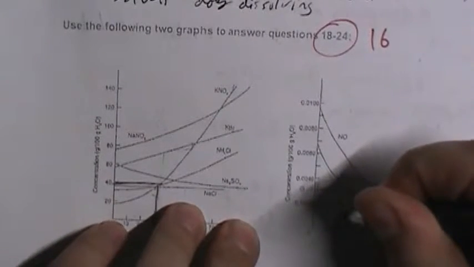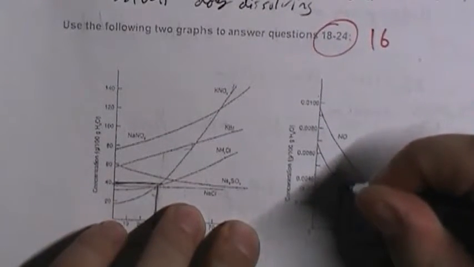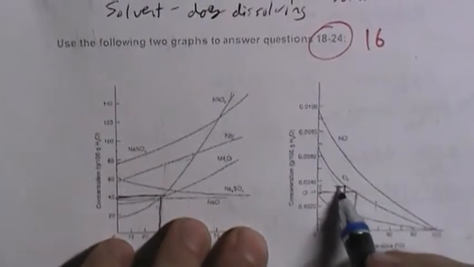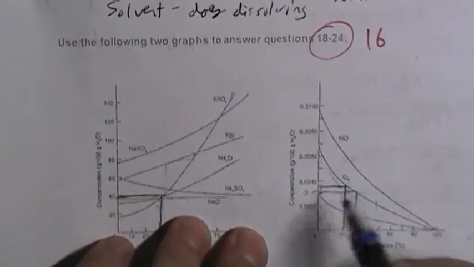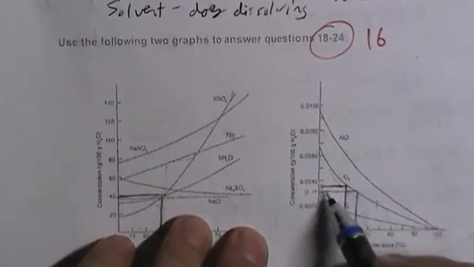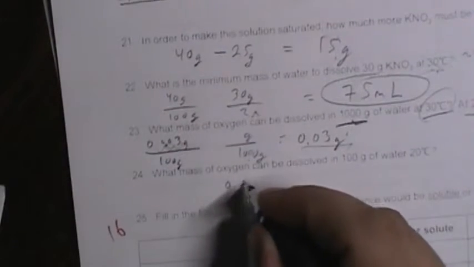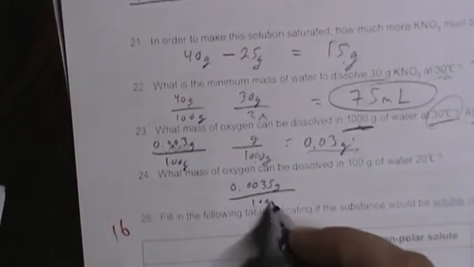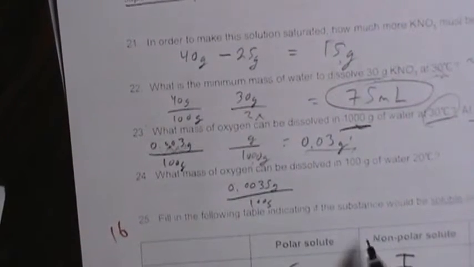At 20 degrees Celsius, so return to the graph. Draw a line up from 20. Notice there's more solubility. Extend it over. It is in between 0.003 and 0.004, so let's call this 0.0035 grams per 100 grams.